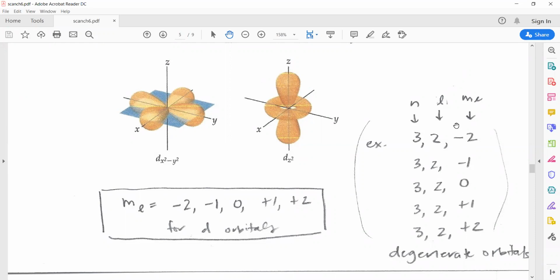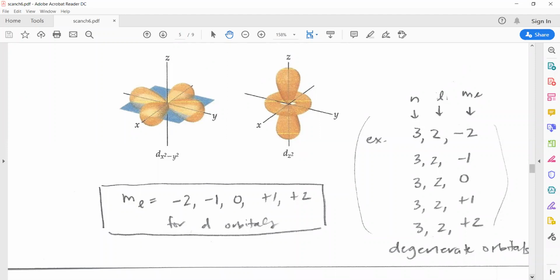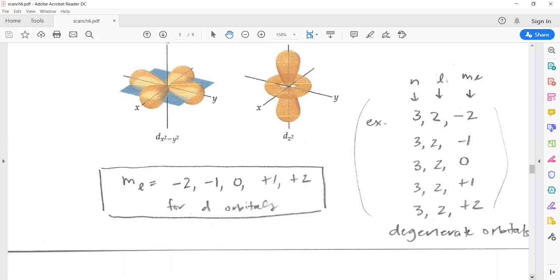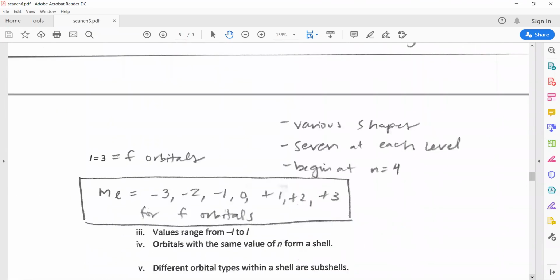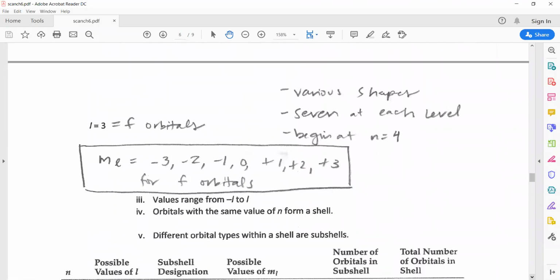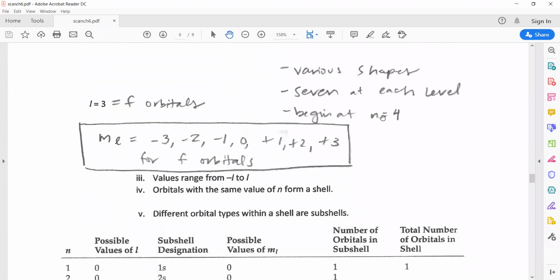And we need to know what are the possible magnetic quantum numbers for each of the different types of orbitals. So if you know that there's 5 possible ones, they have to range around 0. So they're going to go down to -2 and all the way up to +2. So lastly, if we look at the F shape, well, we know that there are 7 F orbitals at each level, beginning at n equals 4.